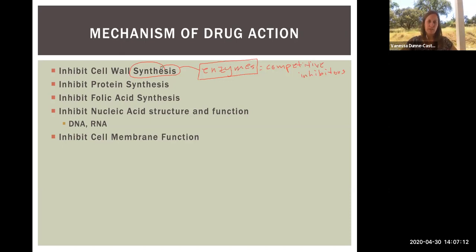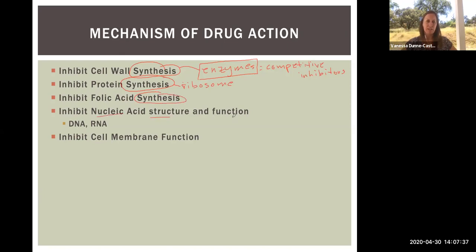So cell wall synthesis, the enzymes involved in making the cell wall. Protein synthesis, right, the ribosomal complex, the enzymes involved in the ribosomal complex, or sometimes physically binding to the ribosomal complex and preventing the synthesis of proteins. Folic acid synthesis, again, this would be enzymes.